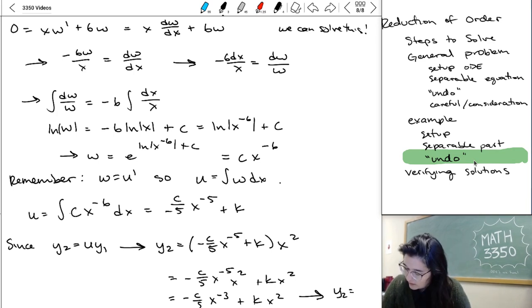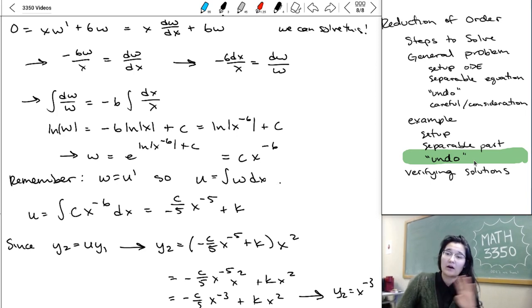So you would say, oh, y2 must be x to the minus 3. I ignore my constants, I ignore the things that look like my y1, and I just tell you that I found x to the minus 3 must solve this differential equation. If WebWork asks you just to put that second solution, that's what you would put, not this whole thing.